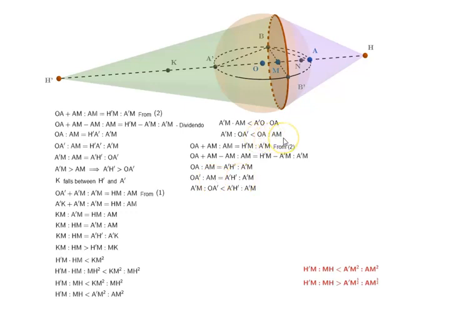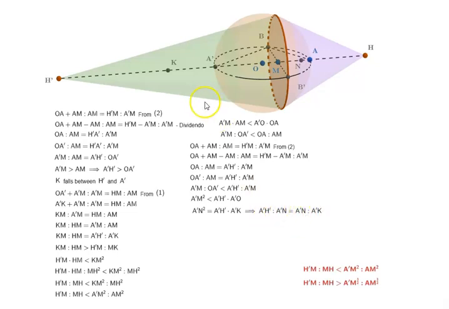So we can substitute OA is to AM with A prime H prime is to A prime M, which gives us A prime M square is less than A prime H prime times A prime O. Remember, we had taken N such that A prime N square is equal to A prime H prime times A prime K, which implies that A prime H prime is to A prime N is equal to A prime N is to A prime K, because A prime N is the mean proportional between A prime H prime and A prime K. Now let's carry out componendo on this.